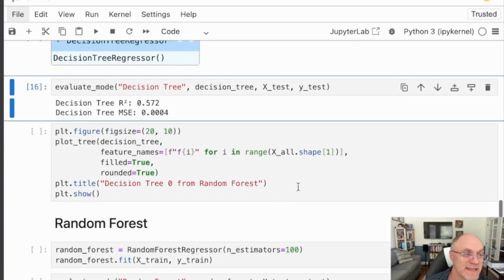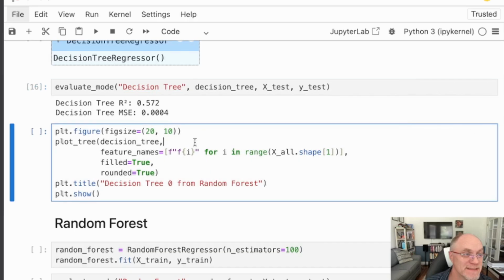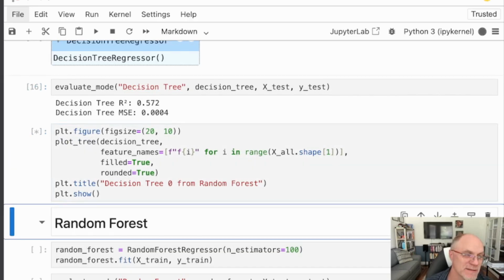And let's also take a look. You can see there are some methods in here to just show you the tree. So let's take a look at the tree itself. And we didn't put any constraints on it in terms of the depth of the tree. So this could basically keep creating branches until the leaf nodes hold similar items. So let's see what this produces.